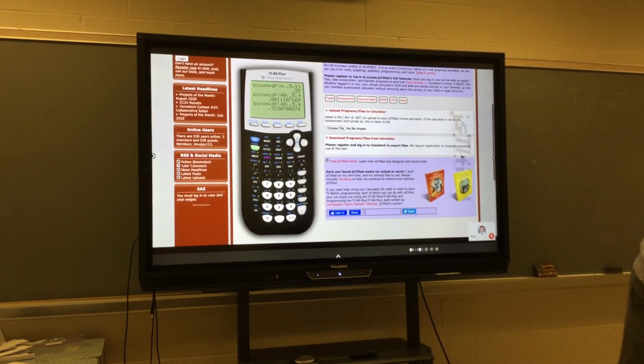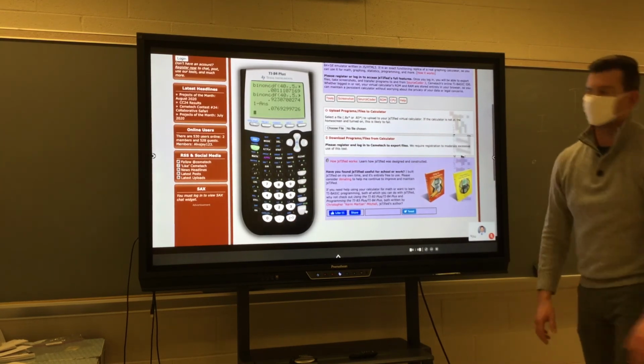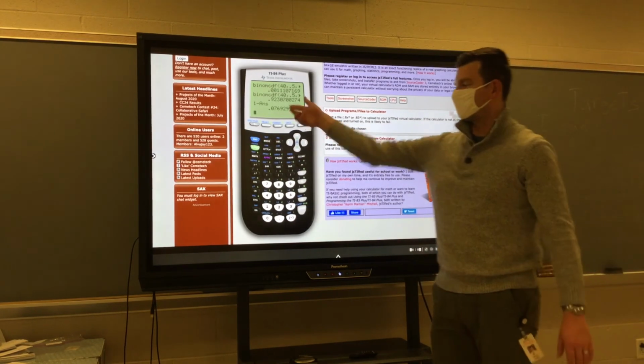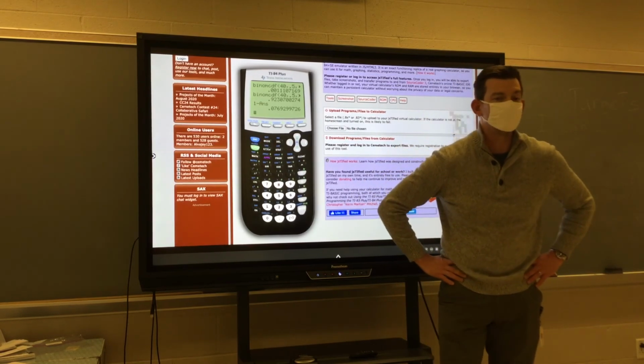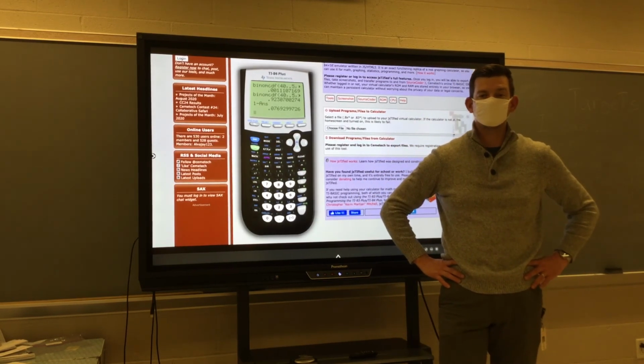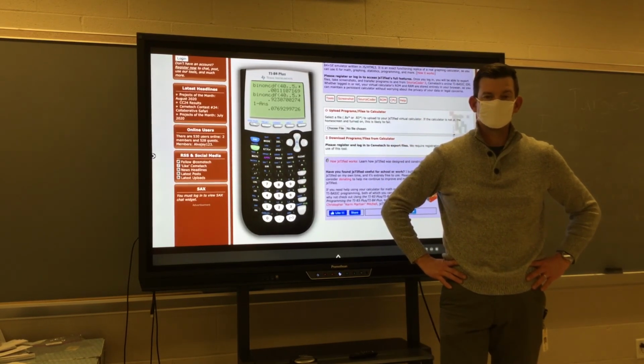So now I need to do 1 minus that previous answer. There's that 7.69% probability that we had seen very, very easily and efficiently with GeoGebra.